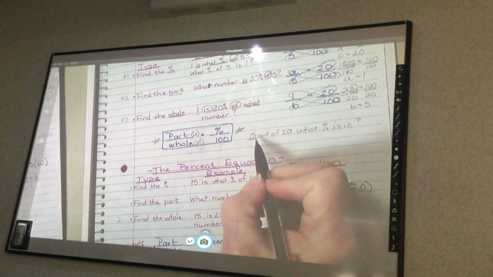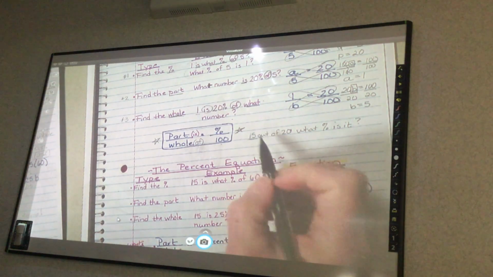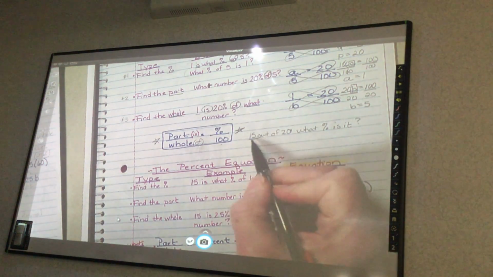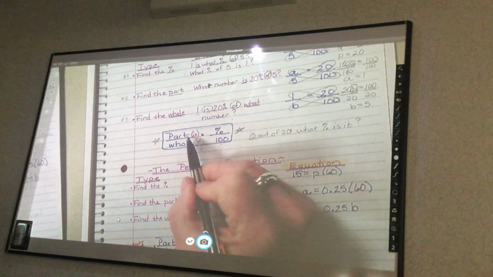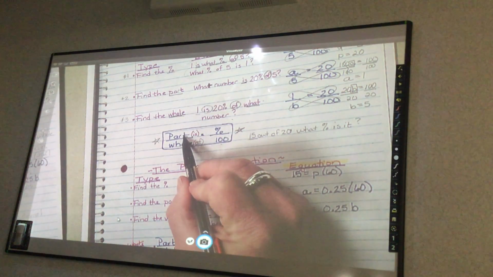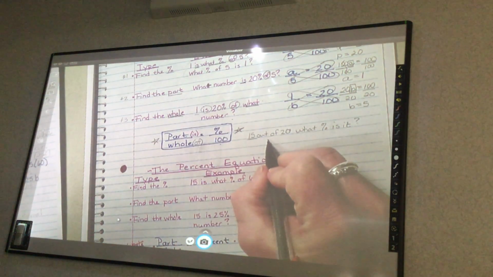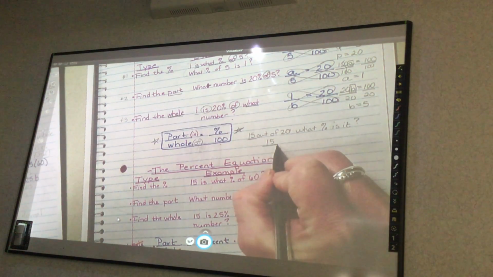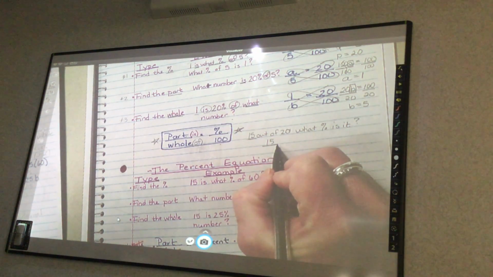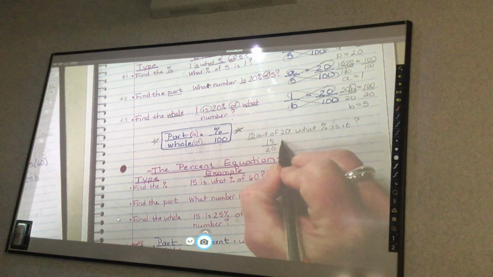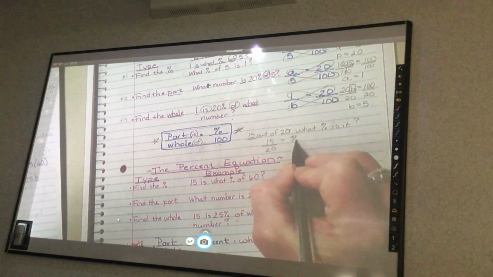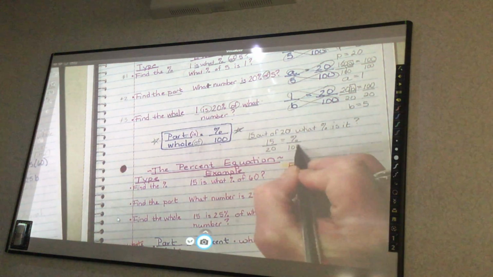I don't see the word is, but the word is over here. 15 would be your part that you got right. So I would put 15 out of 20 equals percent over 100.